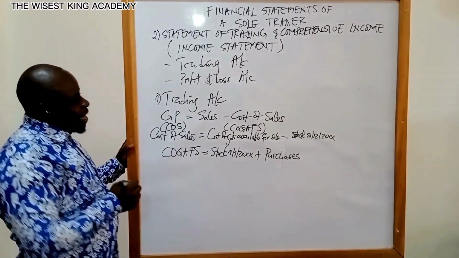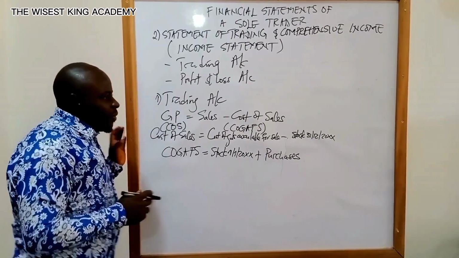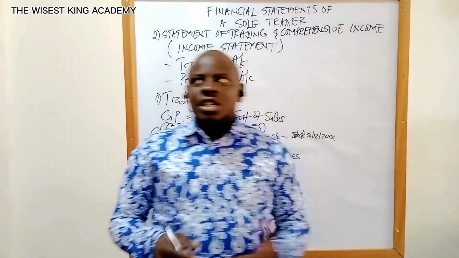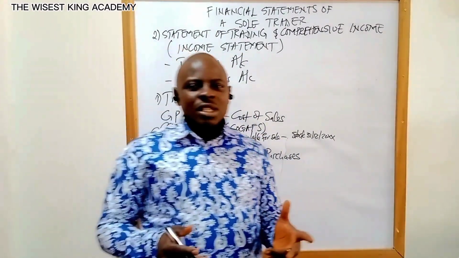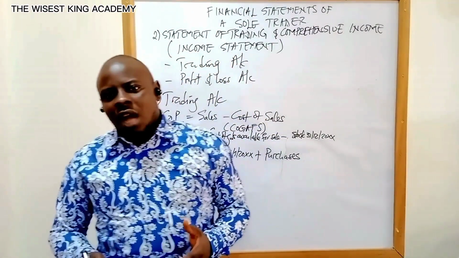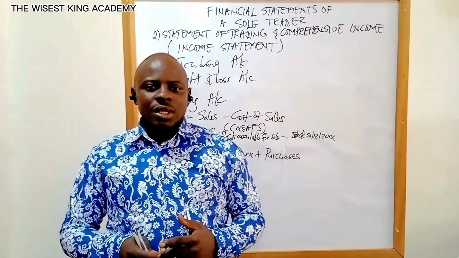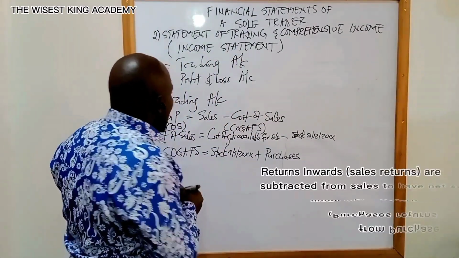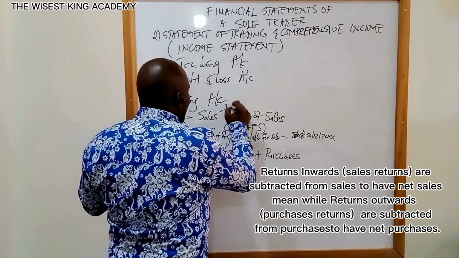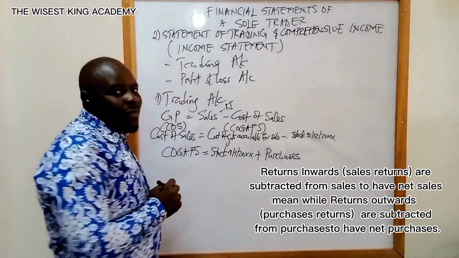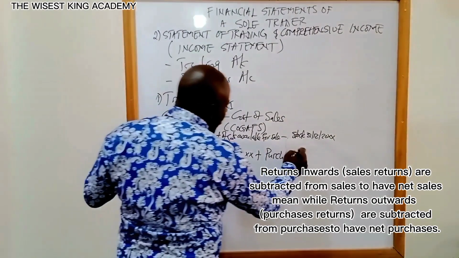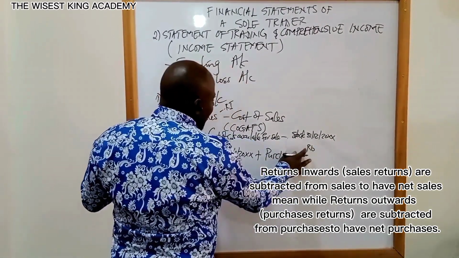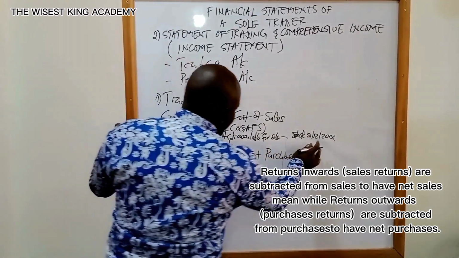Now, there are other things we need to know. If there are returns inwards and returns outwards. Returns inwards are also called sales returns. Returns outwards are purchases returns. What we should note is that returns inwards are subtracted from sales to have net sales, meanwhile returns outwards are subtracted from purchases to have net purchases.